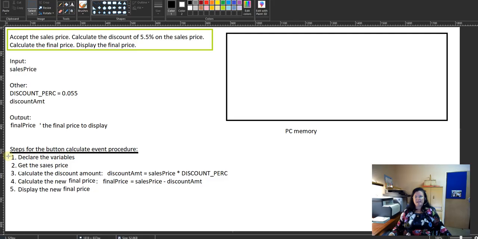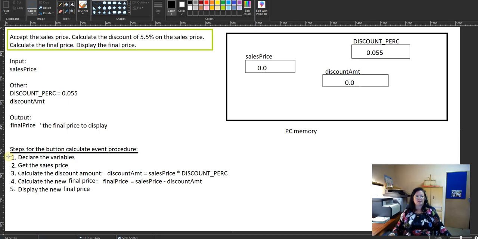So let's say step 1 is executing. Declare the variables. What happens in the PC's memory? Sales price, discount percentage, discount amount, and final price would be declared. That means a little block would be opened for them to store their data.